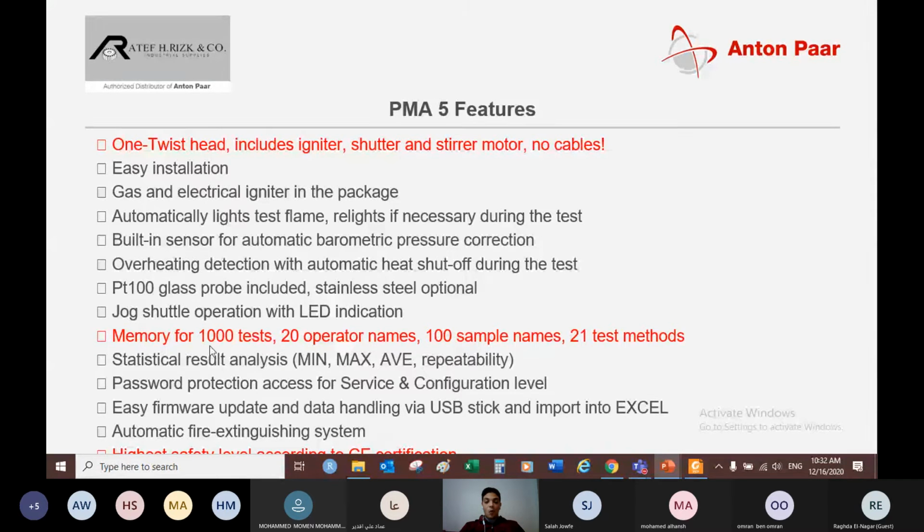It's up to 1,000 tests and 20 operator names and 100 sample names and 21 test methods. Similarly, you can use the statistical analysis, and you can generate the results into an Excel sheet, and it also has an automatic fire extinction system.